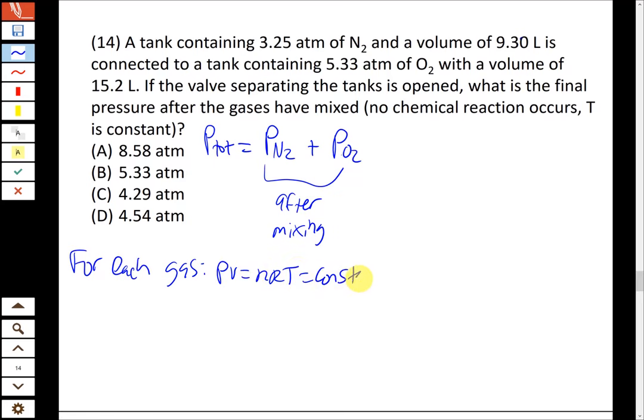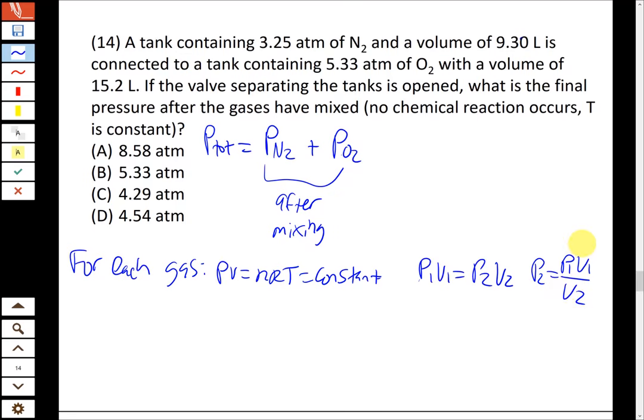So pressure times volume is equal to nRT. nRT are constant in this case, so it's going to be Boyle's law, P1V1 equals P2V2. So for each gas, we're going to do this type of problem. We're going to solve for P2, the final pressure of each gas after the mixing, which is the initial pressure of that gas, the initial volume of that gas, divided by the final volume, the total volume after mixing.